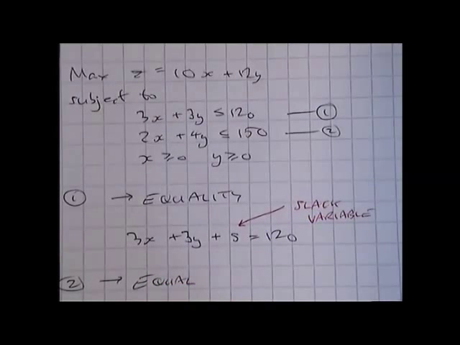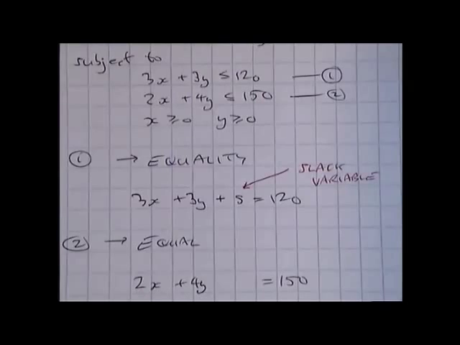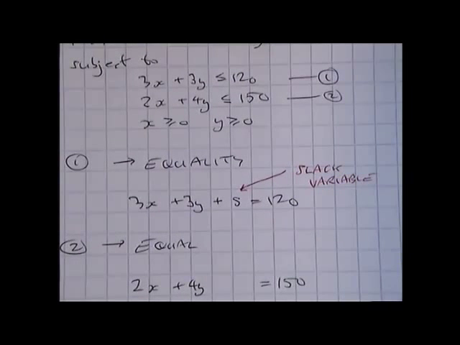So instead of being 2x plus 4y, and we'll have the 150 over here, what do you think will go in that space? Let's have a guess. S. Not going to be S, because that would mean it'd be the same amount as here, and we don't know it's the same amount.